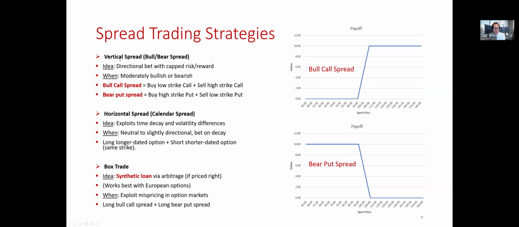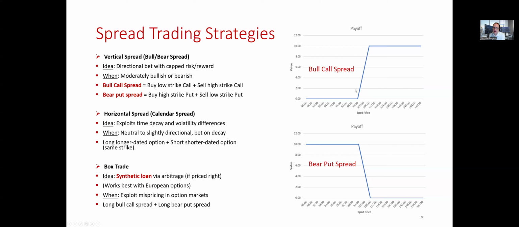So that's just an introduction, just where those names come from. So the vertical spread, you're moderately bullish or bearish. You think its price is going to go up, but you don't think it's going to go up a lot. So you don't mind selling the call and capping your profits, because you just don't think prices are going to reach that far.